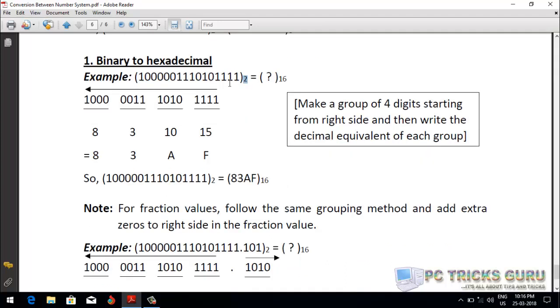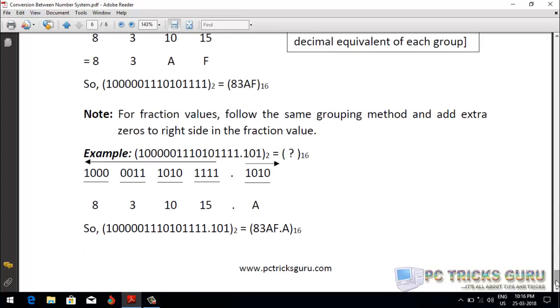And if the binary value contains a fraction part, then we have to do this. Convert the left-hand side part as usual, as we did in the previous example, and for the right side part, create a group of 4 by adding an extra 0 to the right side of the number. So 101 becomes 1010.